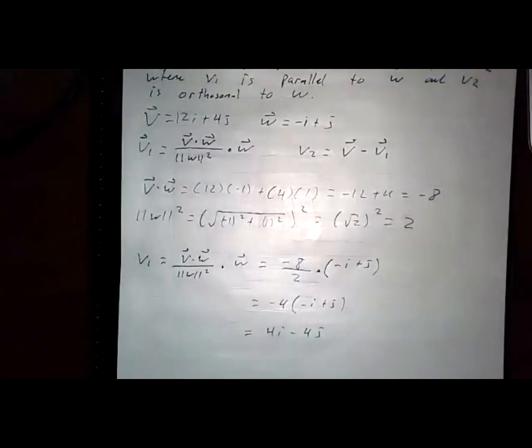So this is V1 right here. But that's the hard part. Once you have that, V2 is super easy. V2, we just use the formula, is V minus V1. And that's it.